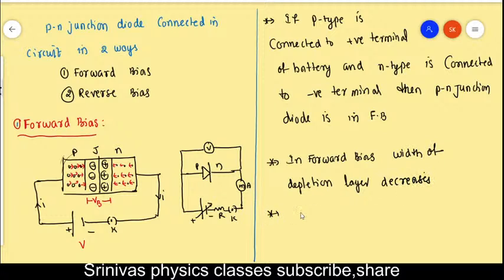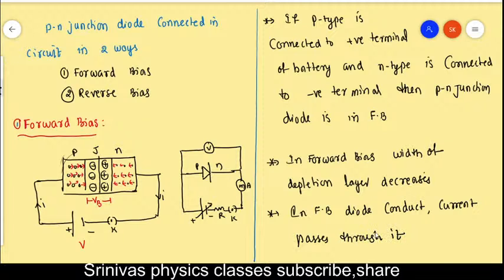In forward bias, current flows. In forward bias, the diode conducts, current passes through it.